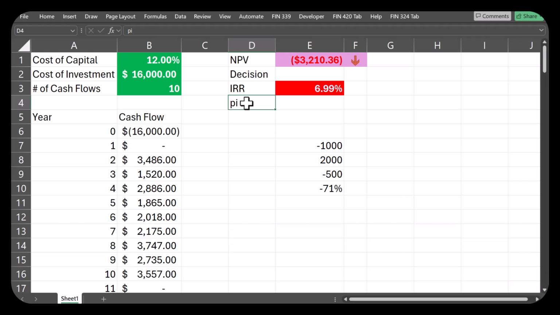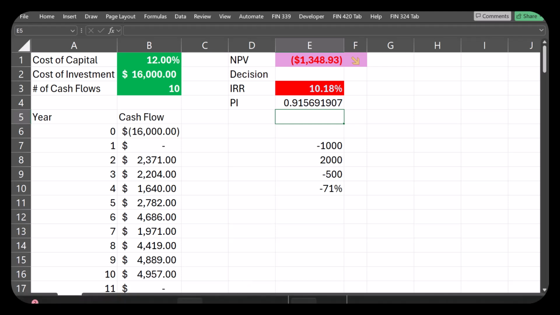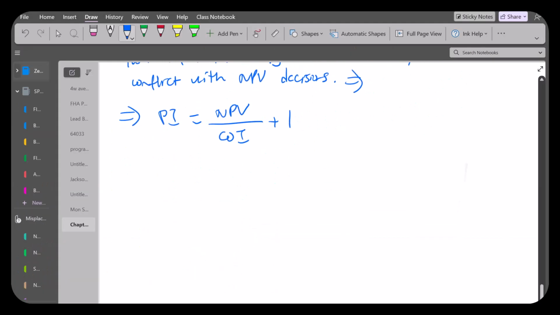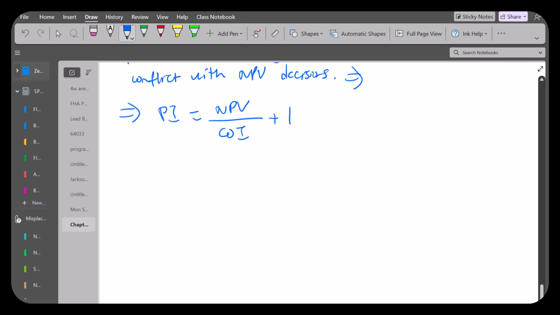Not pi, PI. Take the NPV, divide that by cost of investment, plus 1. PI is not affected by whether or not cash flows are conventional.